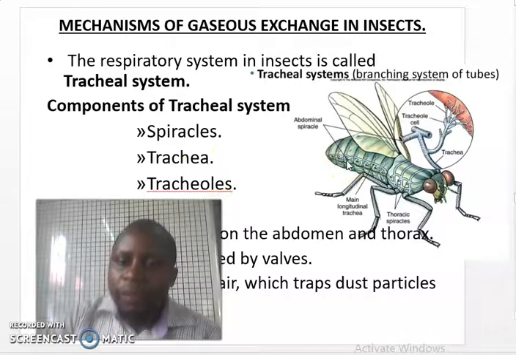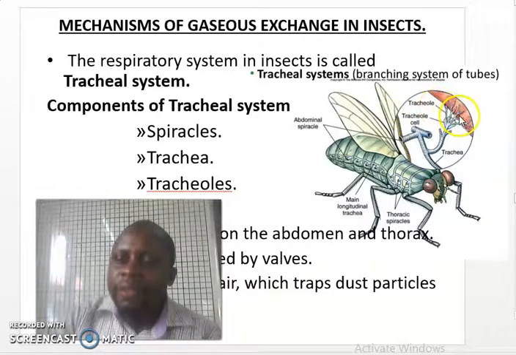They open into air tubes known as the tracheae. If it's one, it's trachea. Then the tracheae subdivide further into finer tubes called the tracheoles.